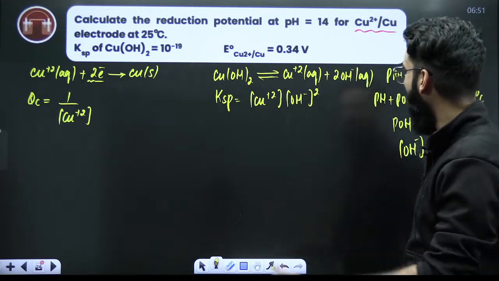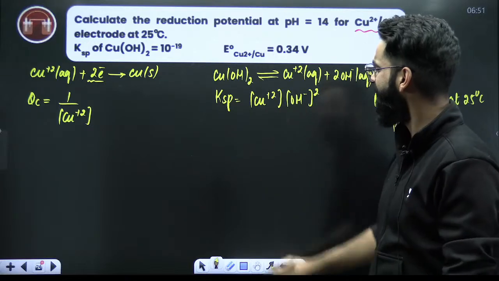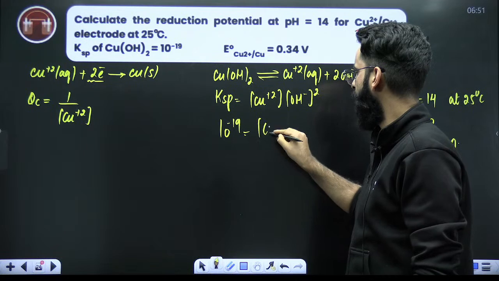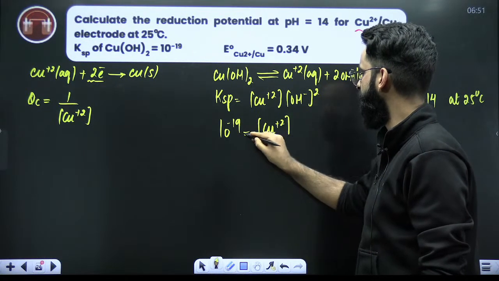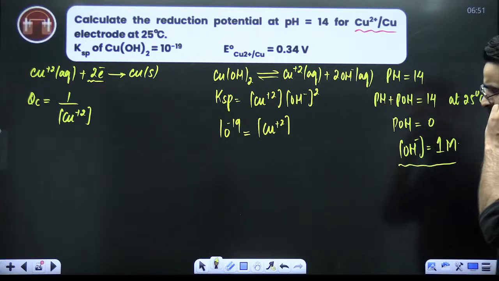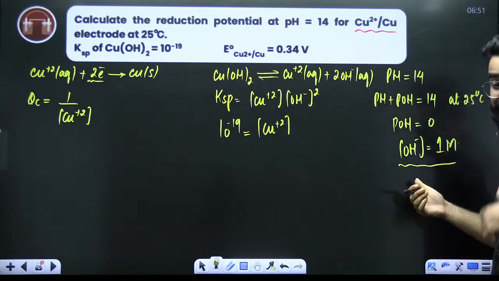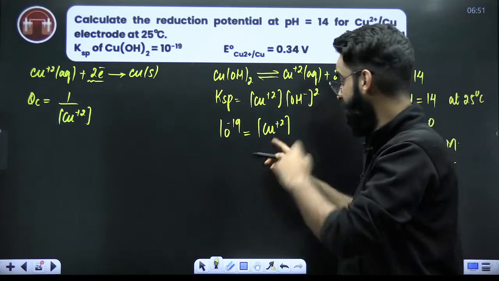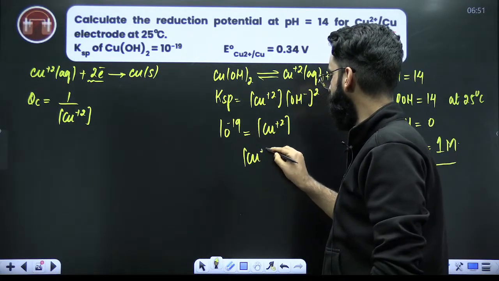Okay. Now, as per the question, is the Ksp value given? Absolutely, it's given as 10 raised to the power minus 19, equal to the concentration of Cu2+ raised to power 1, multiplied by the OH negative concentration, which is 1 molar. I mean, this was not given, I calculated it. Now you would understand why I calculated it, right? Because I was supposed to get the concentration of Cu2+.